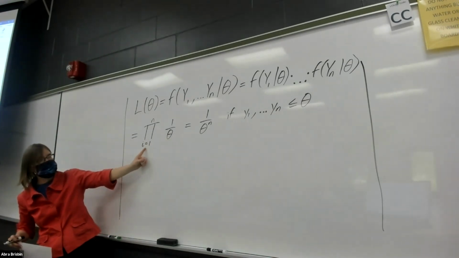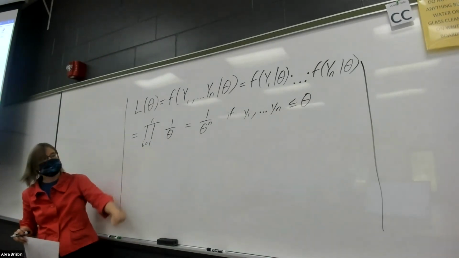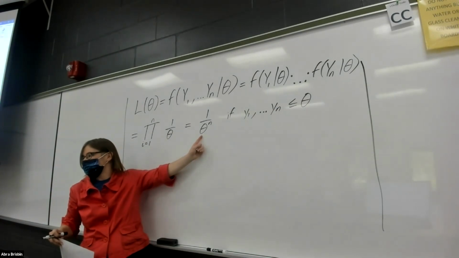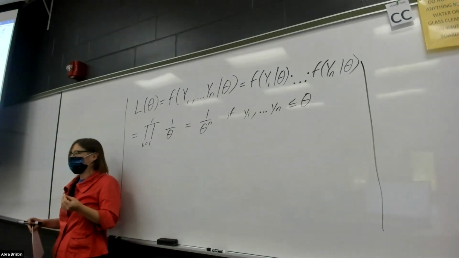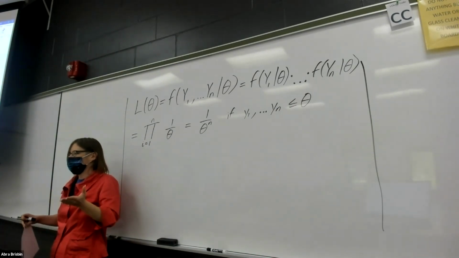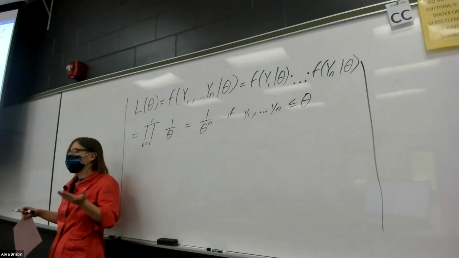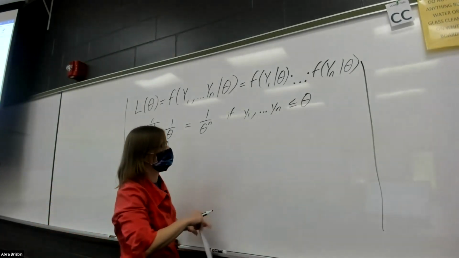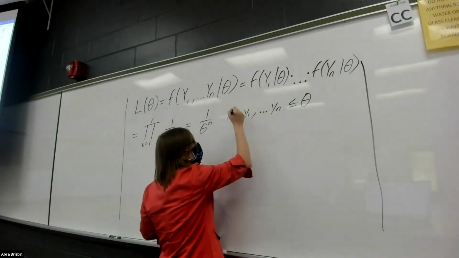And we can write that as the repeated product as i goes from 1 to n. So that's just 1 over theta to the n, as long as the y sub i's all satisfy the support, the range of possible values for a uniform distribution. So as long as the y sub i's are less than or equal to theta and greater than or equal to 0.